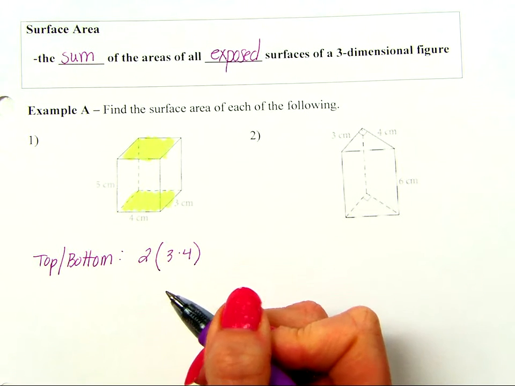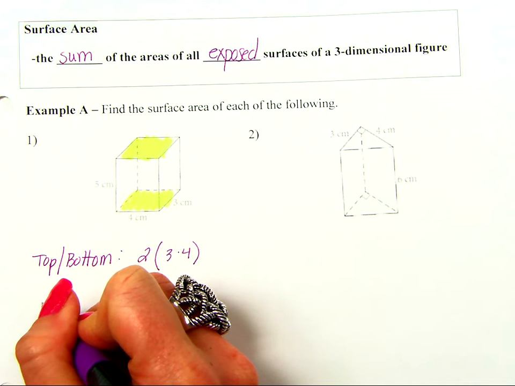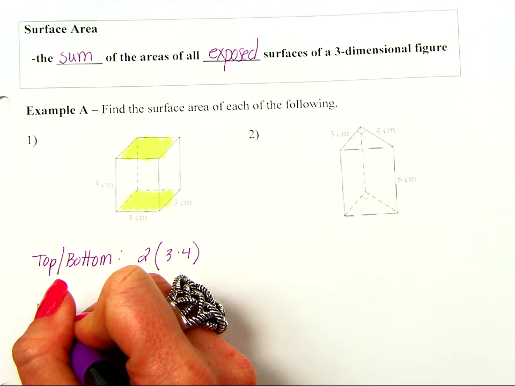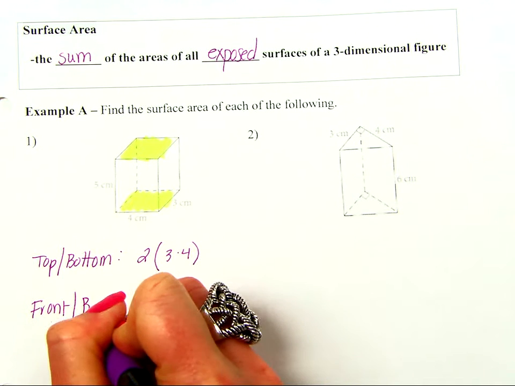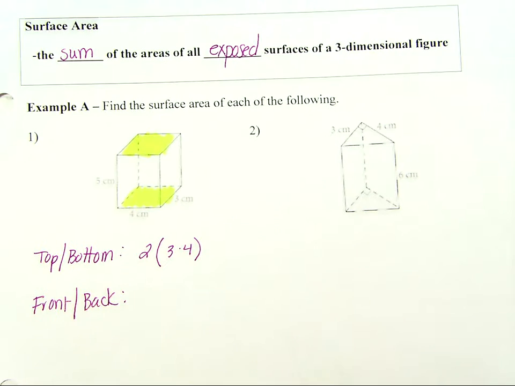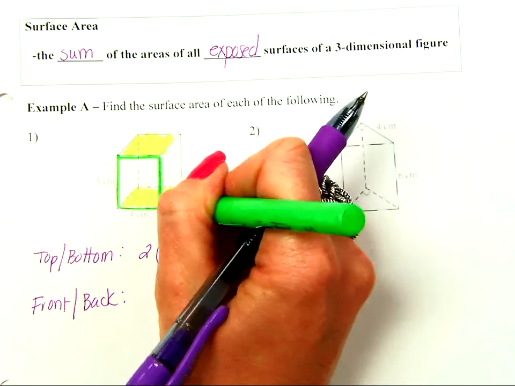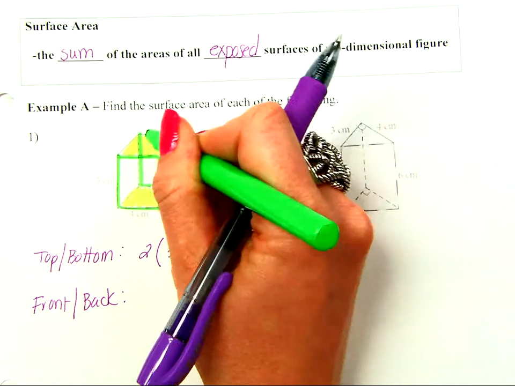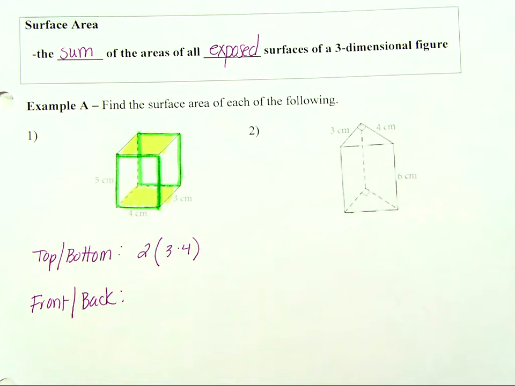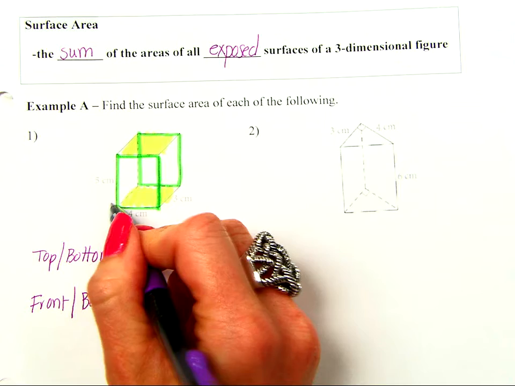If I thought about the other sides, I could think about exactly that, the front and the back. To me, the front of my prism is this rectangle right in here, and the back would match it. I can see that the front and the back, 4 by 5, would be my dimensions.